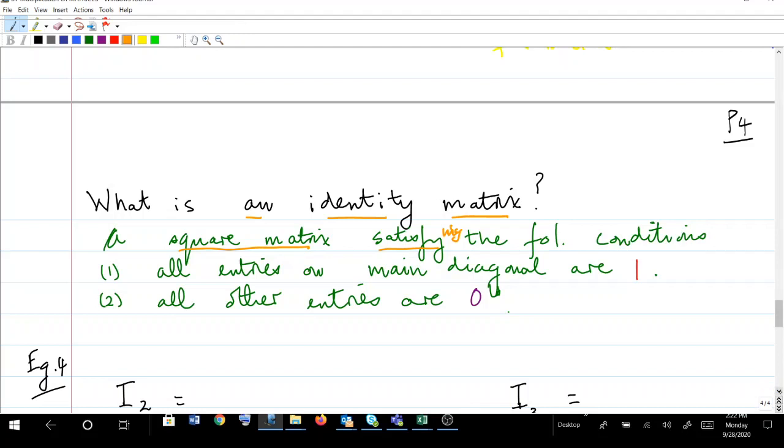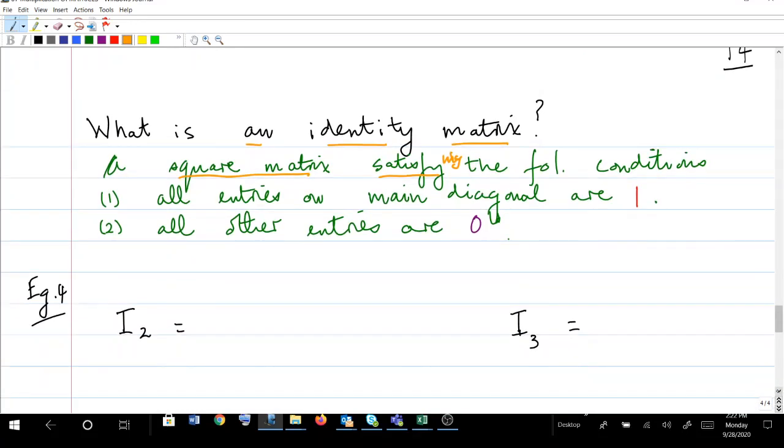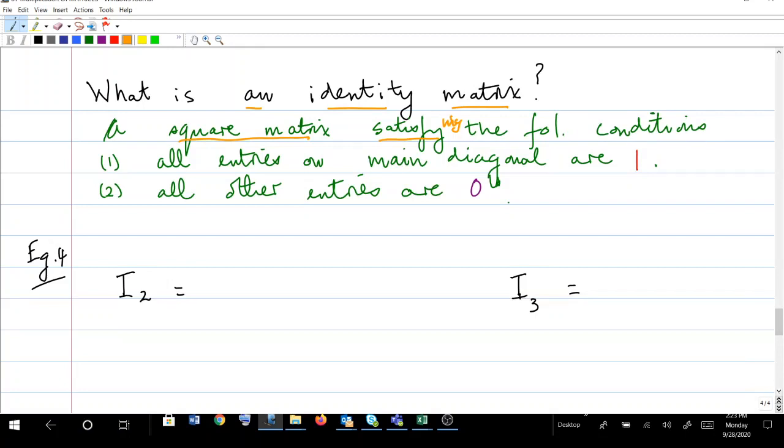So supposing, right, you're looking for the identity matrix, it is labeled with a capital I. The identity matrix of order 2 is going to have 2 rows and 2 columns. This is going to be it. In the main diagonal, your entries are going to be 1. All other entries will be 0.